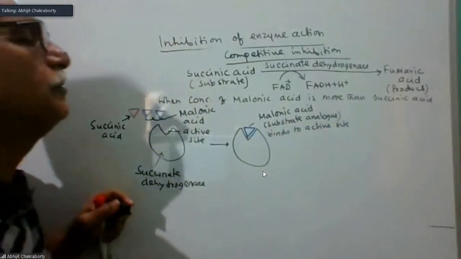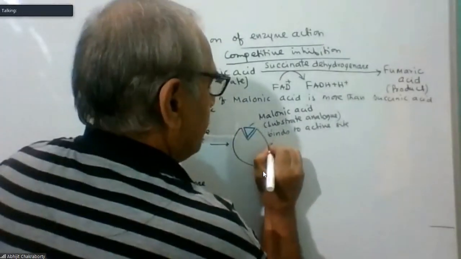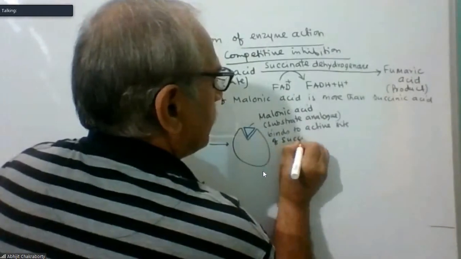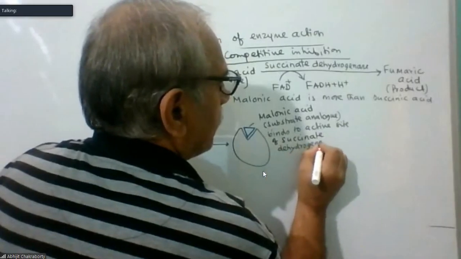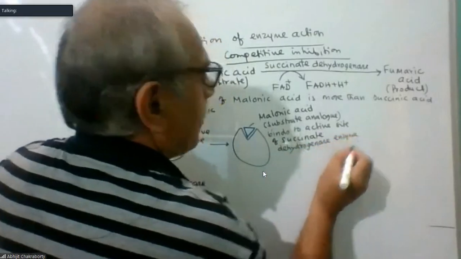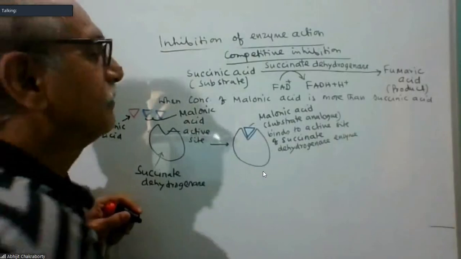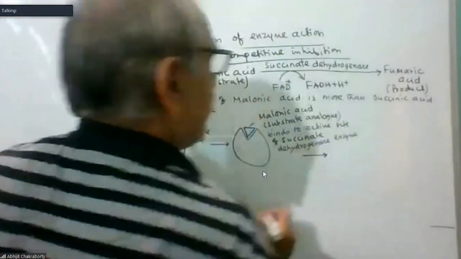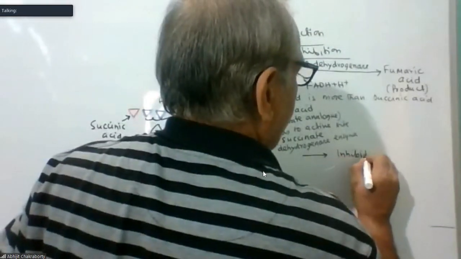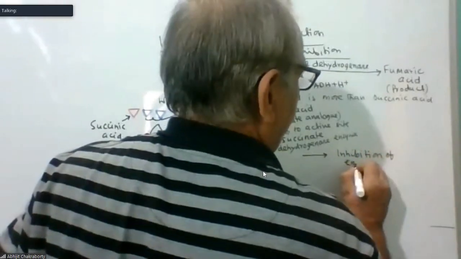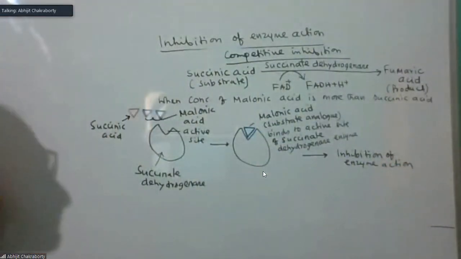Malonic acid binds to the active site of the succinate dehydrogenase enzyme, causing inhibition of enzyme action.